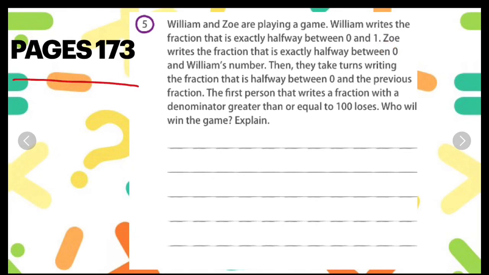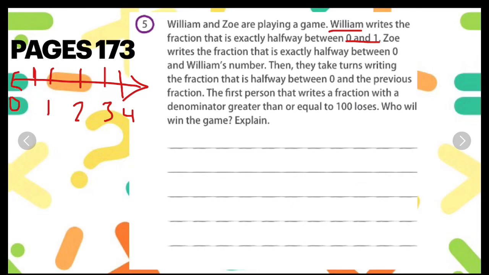Well, first you have to make a line. 0, okay? Here you have 1, 2, 3, 4, and so on. Now, talking about William, first William writes a fraction that is between 0 and 1. What is between 0 and 1? Between 0 and 1 will be the fraction.